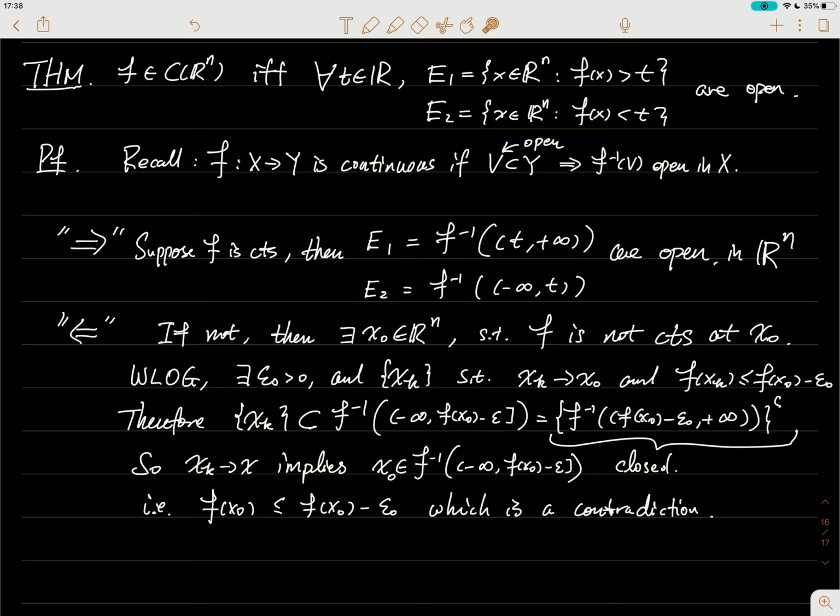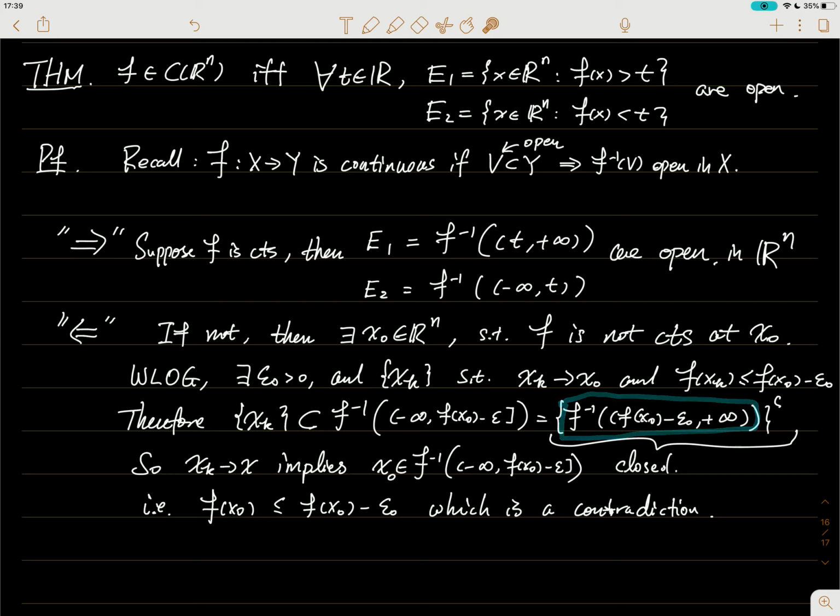But now notice that inside here I have an inverse image of this type of interval, t to positive infinity, or all the function values bigger than or equal to t. But this is just the E1 for t equals f of x0 minus epsilon 0.